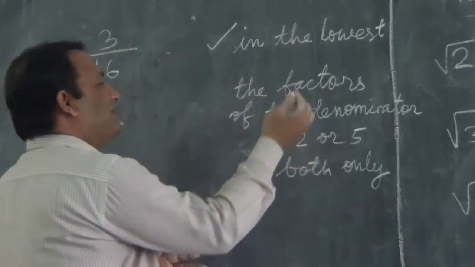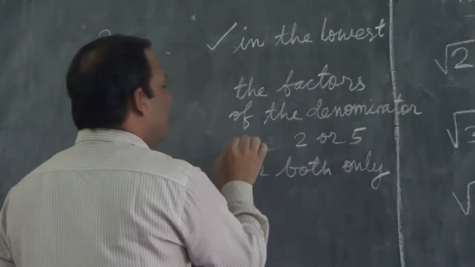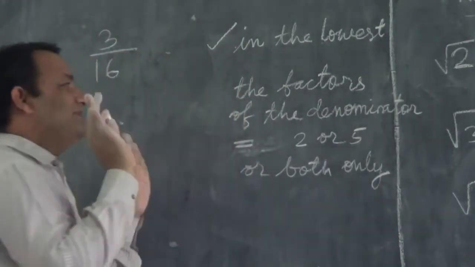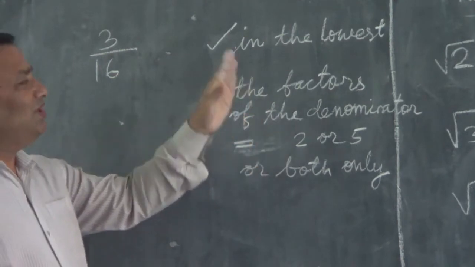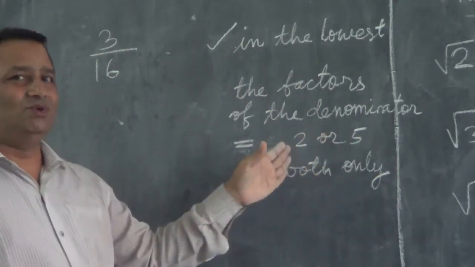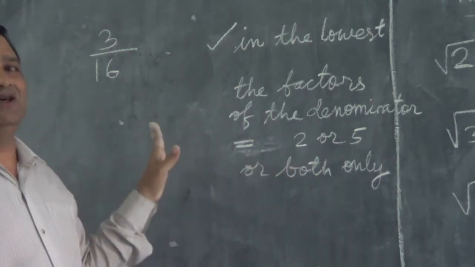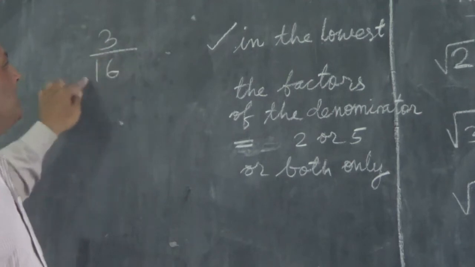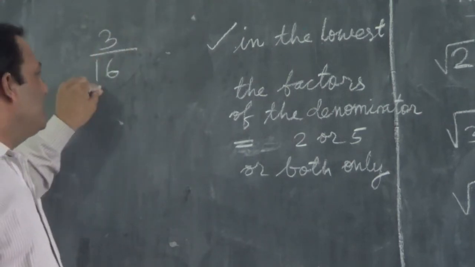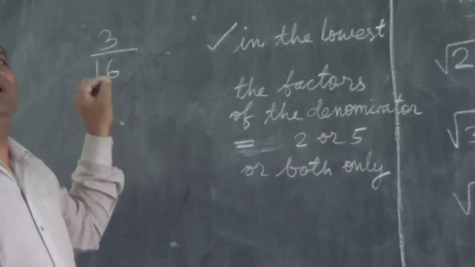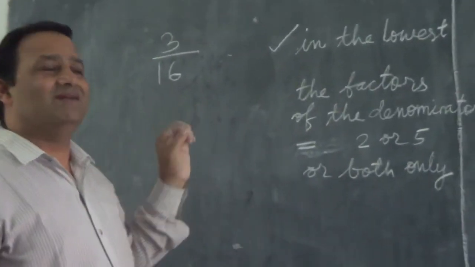Sometimes you will get one factor, so I am just writing the factors of the denominator, either 2 or 5 or both 2 and 5 only, not any other factors. Then such kind of fraction gives us a terminating decimal. It will give us a terminating decimal.